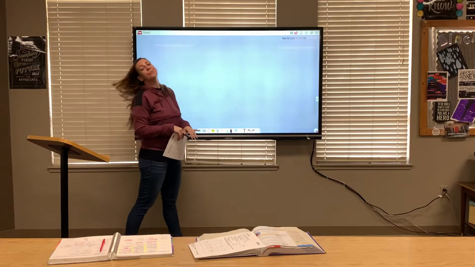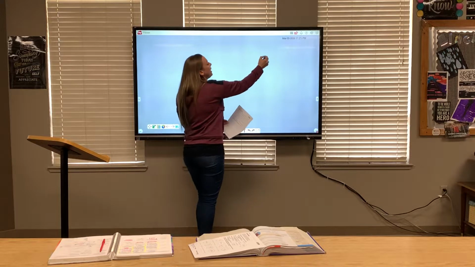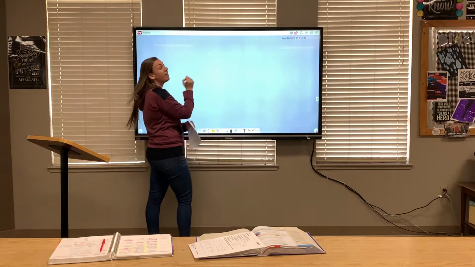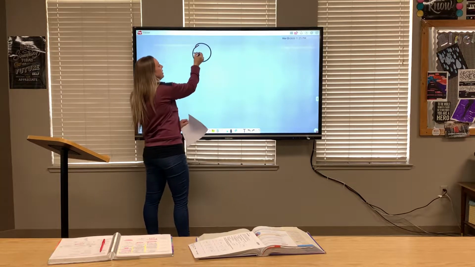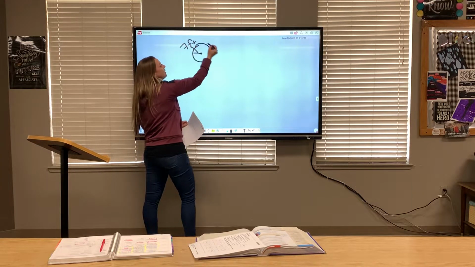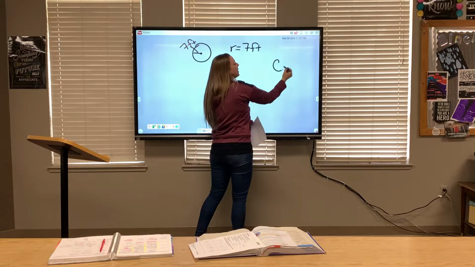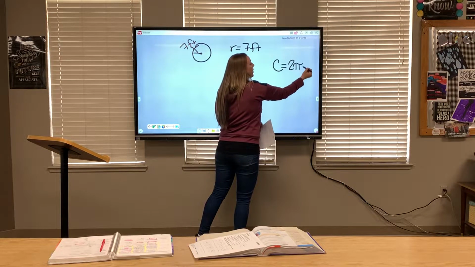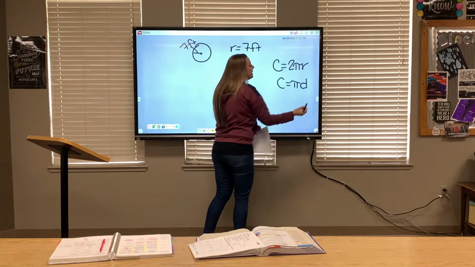Now let's say I have the radius. Okay, so let's look at number 5. They gave me just the radius here, and it gave me 7 feet. So if my radius equals 7 feet, I know that my circumference is 2 times pi times r, or it's pi times the diameter.